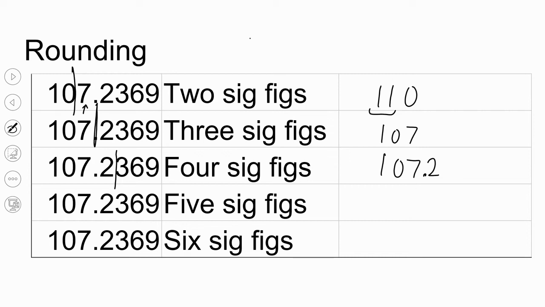We're doing okay? Okay. And then 5, we have 1, 2, 3, 4. We want to keep 5 digits. We need to know what to do with this last digit we're keeping. So that 6 is bigger than 5. We're going to round up. 107.24. My bad. Sorry. And then this last one, 6 significant figures.